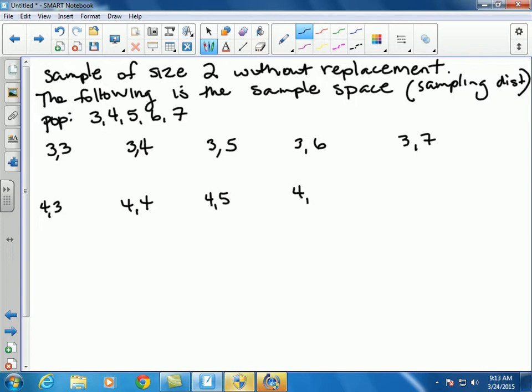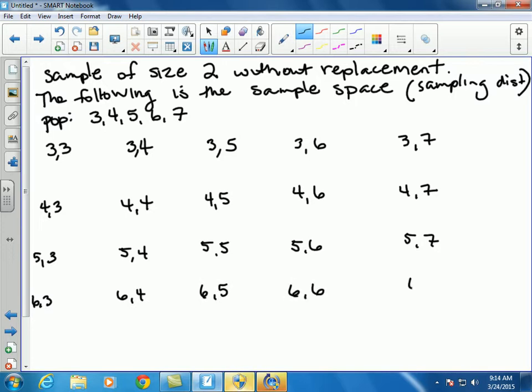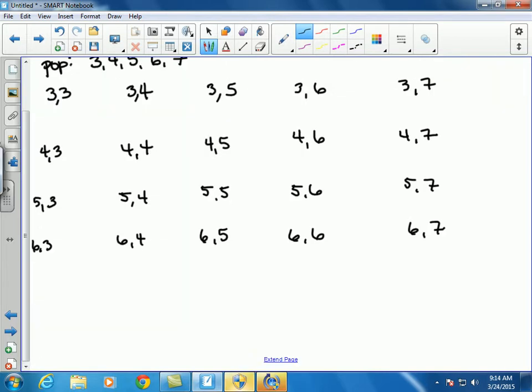You could pull a 4 and a 6, or the 4 and the 7. Okay? Same thing with the 5s. You could have done 5 and 3, 5 and 4, 5 and 5, 5 and 6, and 5 and 7. And then with the 6s, 6 and 3, 6 and 4, 6 and 5, 6 and 6 and 6 and 7. And then again with the 7s.